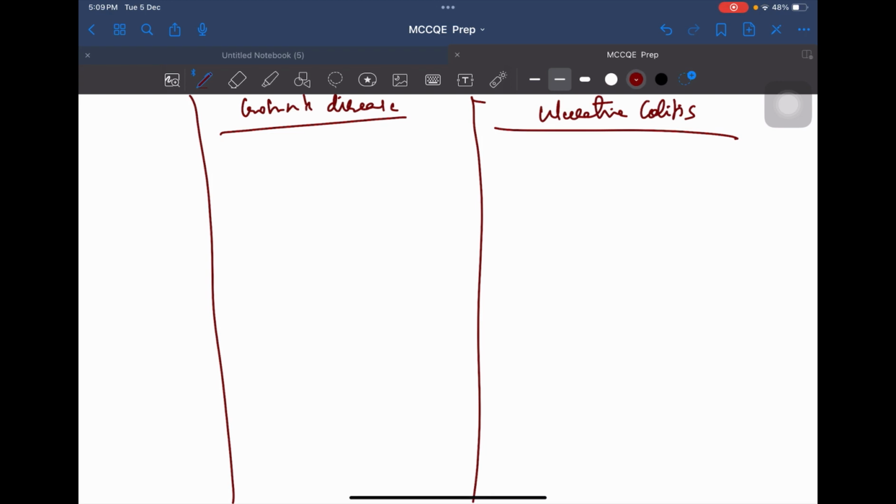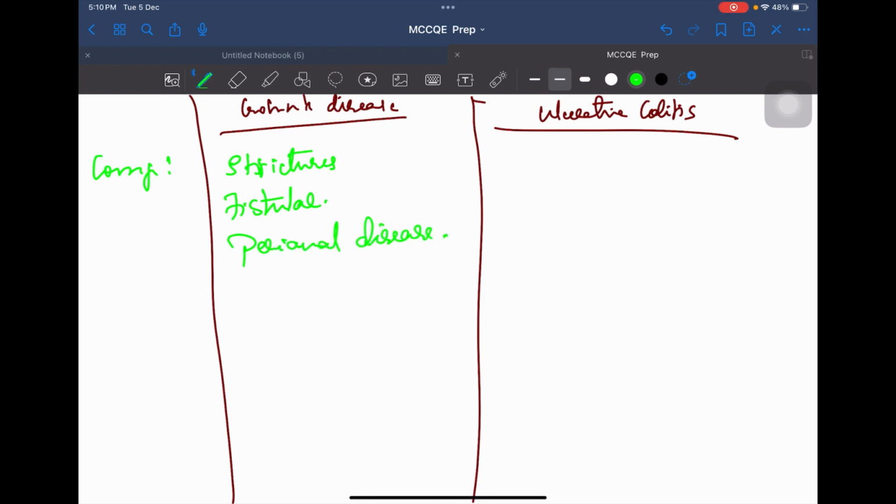Complications of Crohn's disease: as we have already studied, it will present with strictures, fistulae, perianal disease. What about ulcerative colitis? The only complication of ulcerative colitis is toxic megacolon.